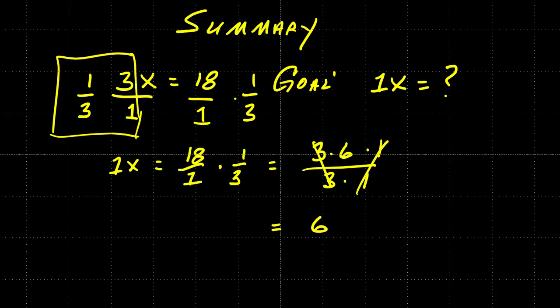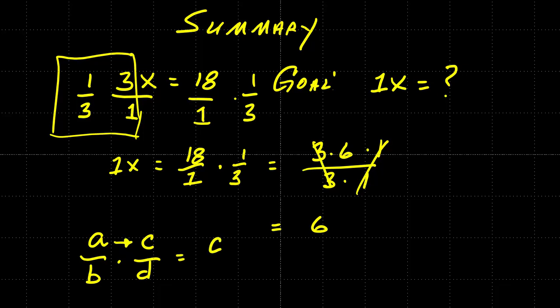And finally, we did a little review of 6th grade math fractions. In general, if you multiply two fractions, a over b times, let's say, c over d, to multiply the fractions, you just multiply the numerators.